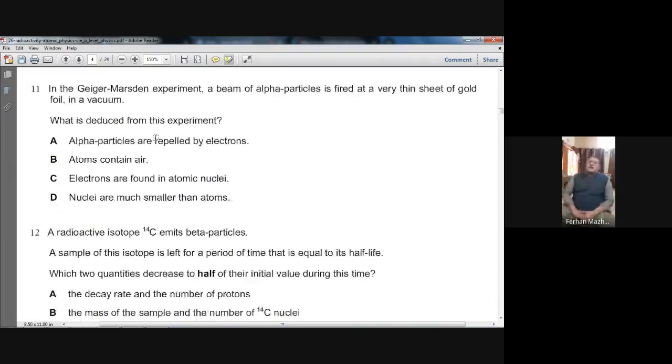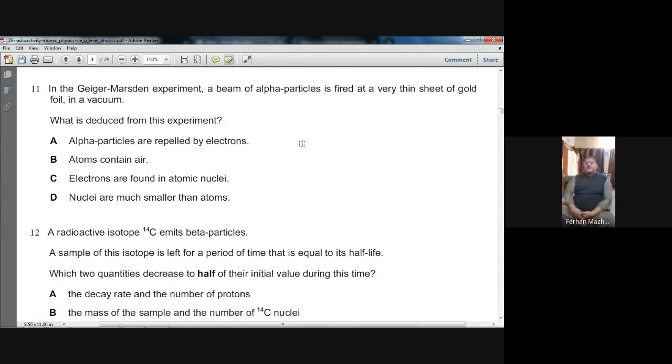In the Geiger-Marsden experiment, a beam of alpha particles is fired at a very thin sheet of gold foil in a vacuum. What is deduced from this experiment? From this experiment, Rutherford was able to tell that the atoms have a nucleus, and the nucleus is very small.